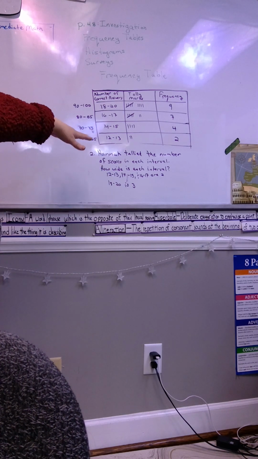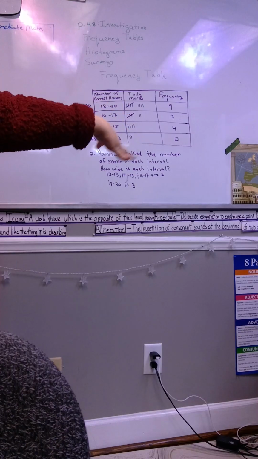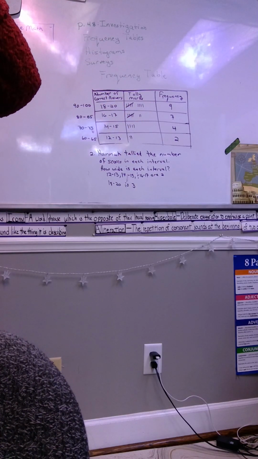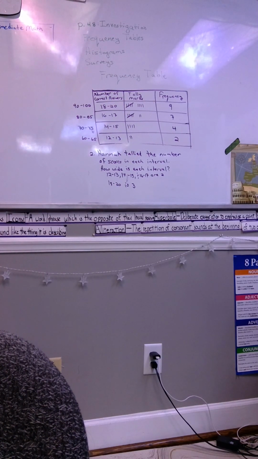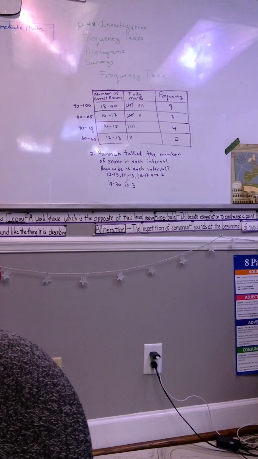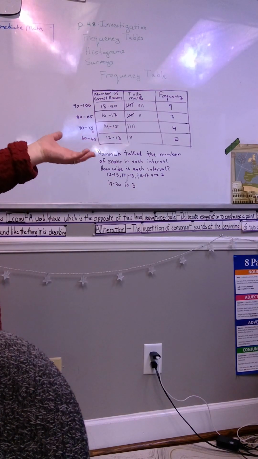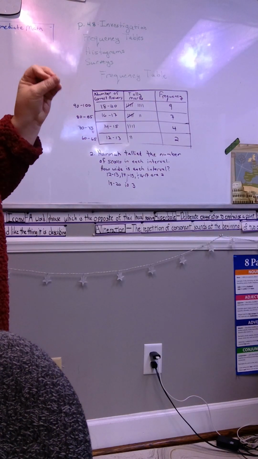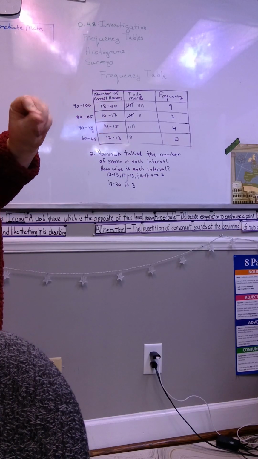So she doesn't have 11 and under, because that's an F. I've never gotten under 60 on the test before. So, and then number 3 says, show how to make a tally for 12.